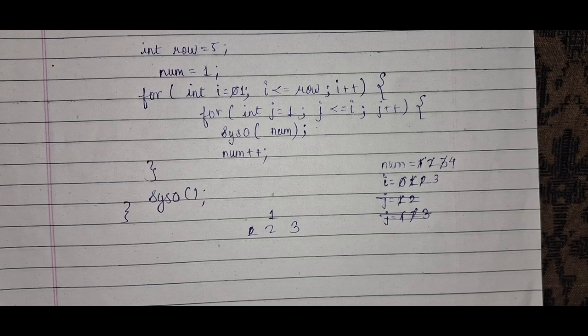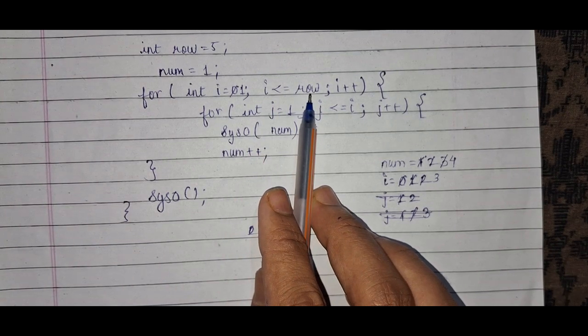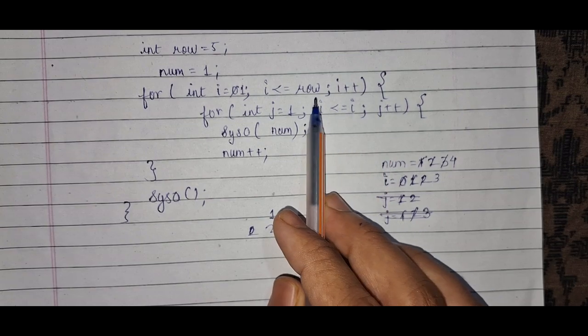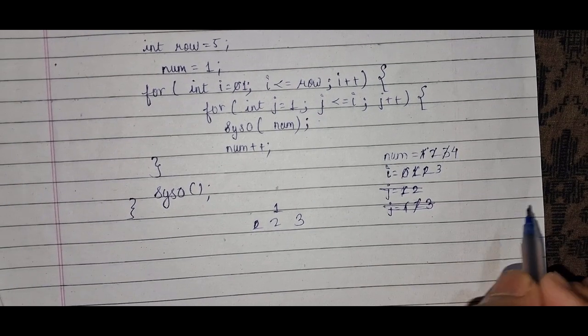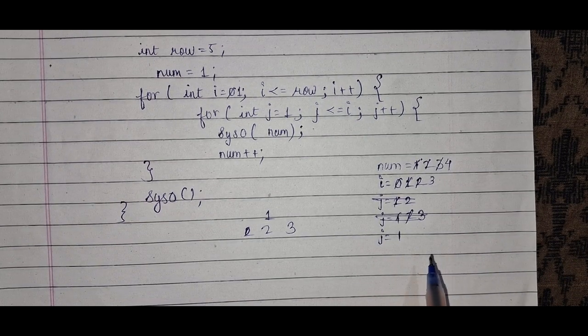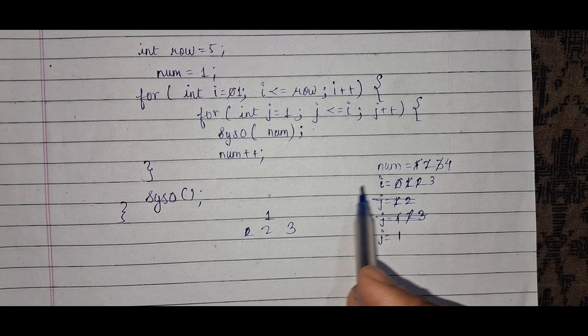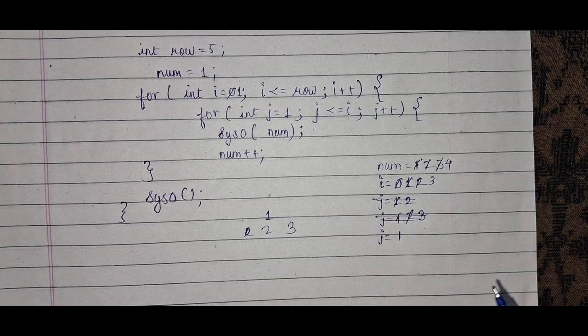Okay, now it will check the condition: is 3 less than or equal to 5, the condition will be true, then it will enter into the inner loop, then it will initialize j again by 1. And it will check the condition: is 1 less than or equal to 3, then it will return true, then it will print the num, which is now 4 here.